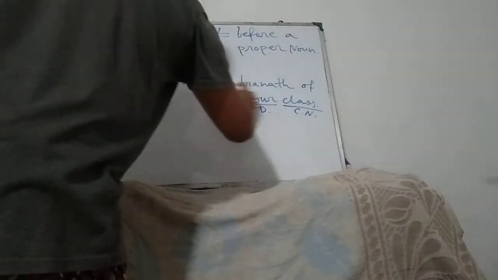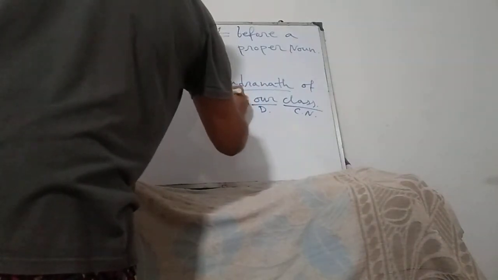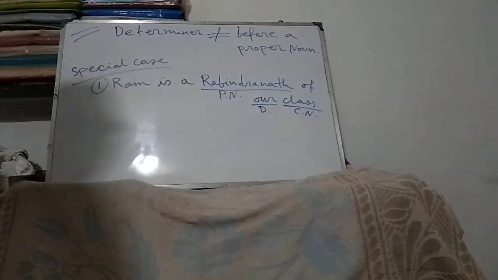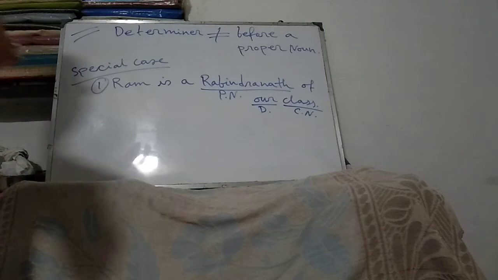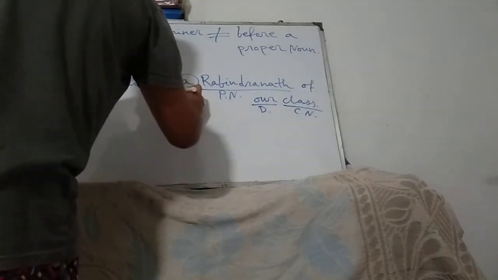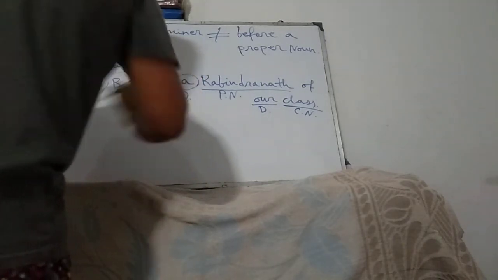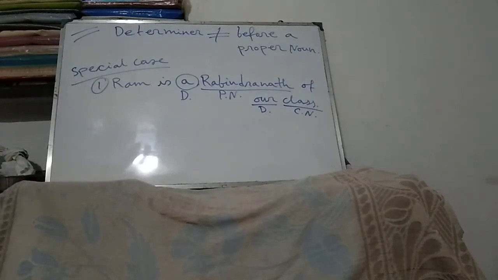But Rabindranath is a proper noun which indicates a particular name of a person, but it is preceded by a, which is a determiner actually. And here, look, Ram is a Rabindranath of our class.